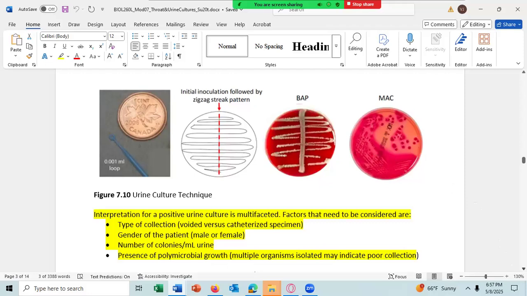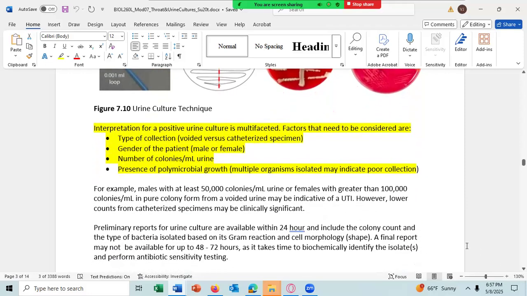The interpretation of a positive urine culture is multifaceted. Some factors that need to be considered are the type of collection. Voided, even the clean catch voided method, will have more contaminants than the catheterized specimen or the suprapubic aspiration specimen.